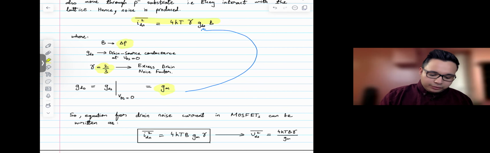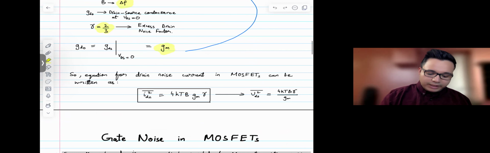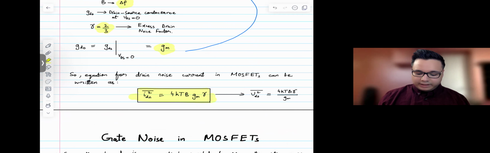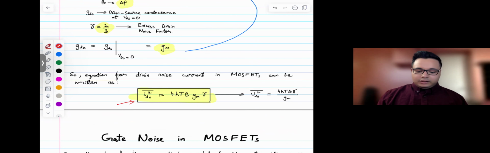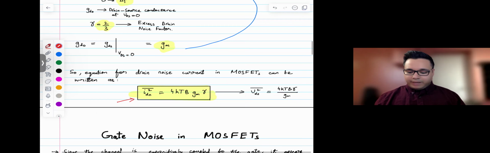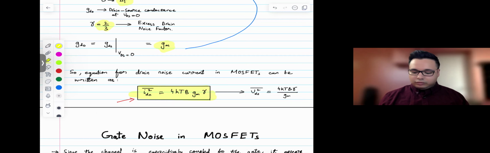So if you replace Gd0 with gm in the previous equation, you get this final equation, which is the average drain noise current, 4kTBgmγ. If you're taking away expressions from this video to use in your noise analysis, this is the expression you want to use. That is the thermal drain noise in a MOSFET, and alternatively you can use the voltage representation of the thermal drain noise in a MOSFET.